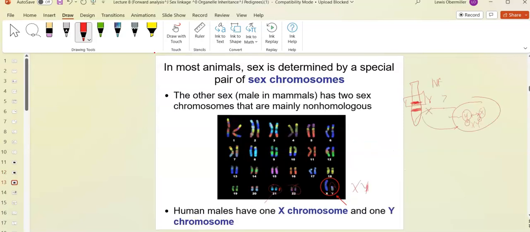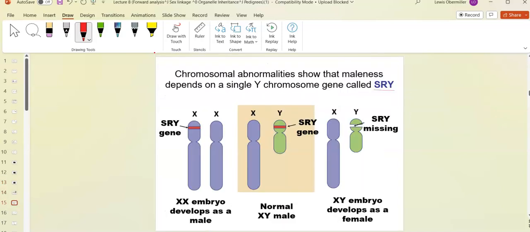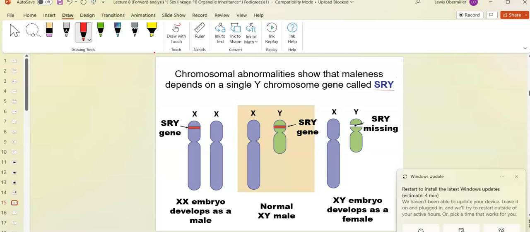In some cases, you could have someone that's XY, but not necessarily a female. And this is why. There's a gene on the Y chromosome called SRY, right? In a normal individual, that SRY gene is found on the Y chromosome and not the X chromosome.